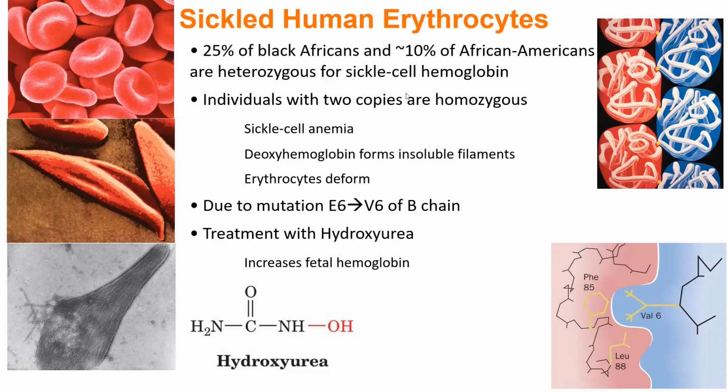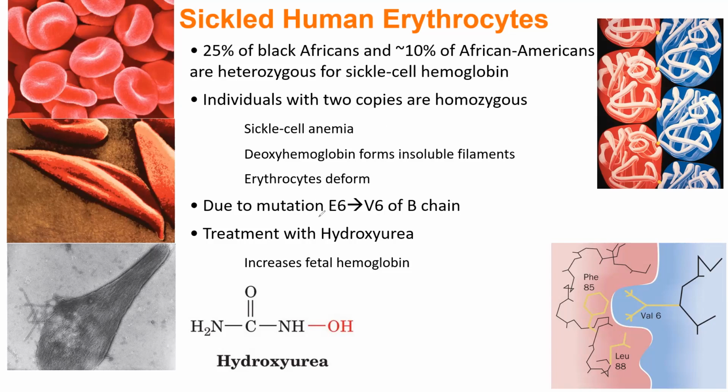However, if you're a heterozygote for the sickle cell red blood cells, this is good because it protects you from diseases, right? Malaria. The reason why sickle cell happens is due to one mutation in hemoglobin.